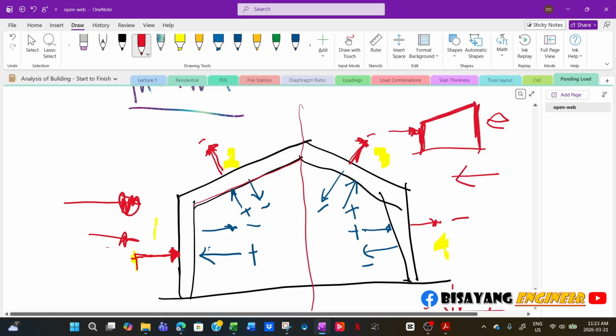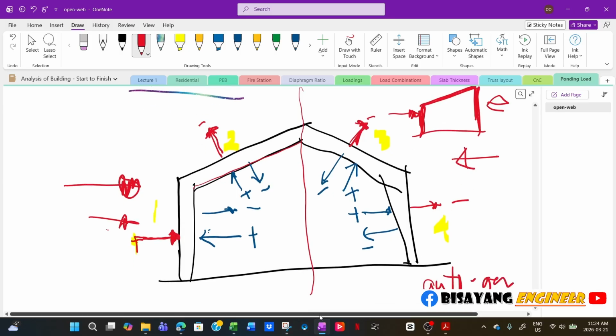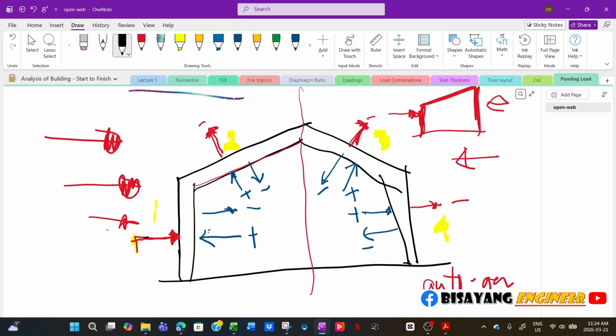That's why my template is applicable to both symmetrical and unsymmetrical. But what I will usually do is assume the wind is in this direction first. So this is my leeward, right? This is my windward positive, and then all other pressures are negative.